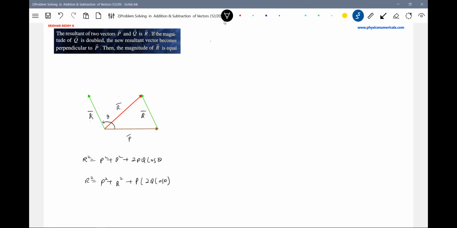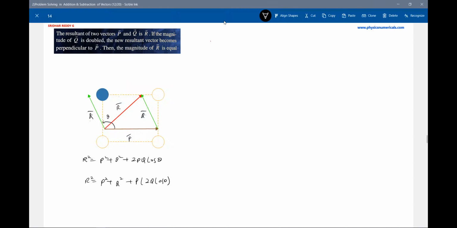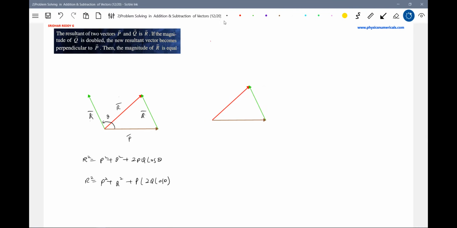Further, let me solve this one. I'm going to increase the magnitude, so I'll increase Q. This is the vector P bar.